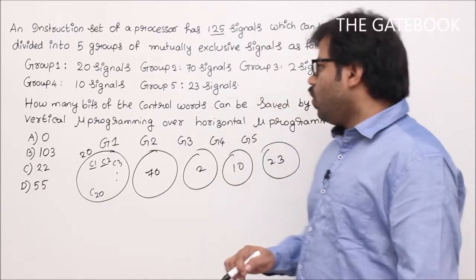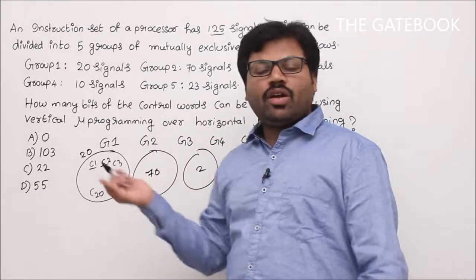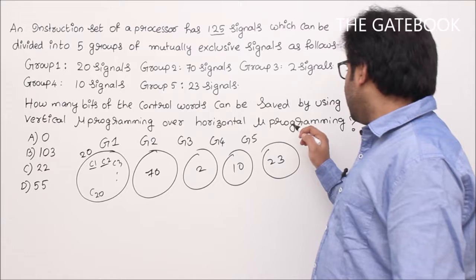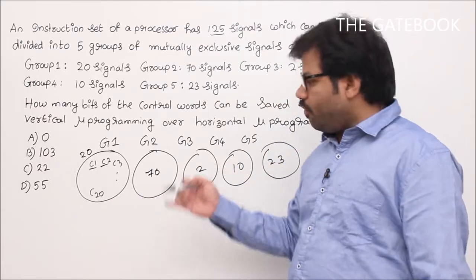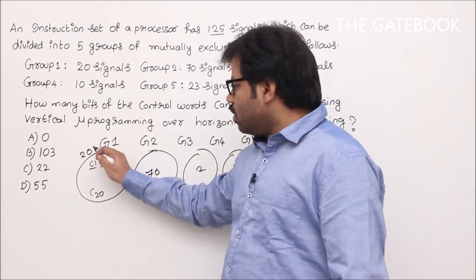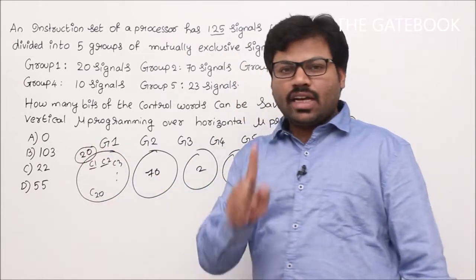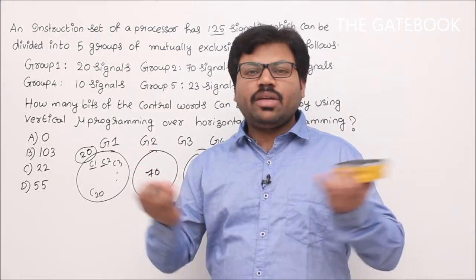Then the question is how many bits of the control word can be saved by using vertical microprogramming over horizontal microprogramming. Let us calculate the total number of bits required if you use vertical programming. In vertical microprogramming, since out of 20 exactly one is active at a time, you don't require 20 different signals or 20 bits, right?